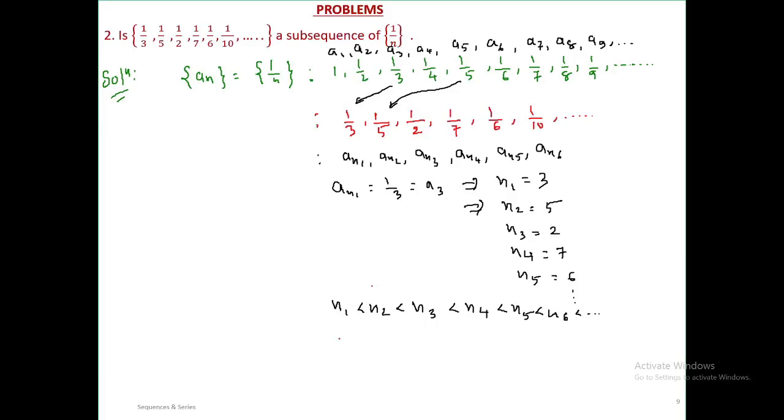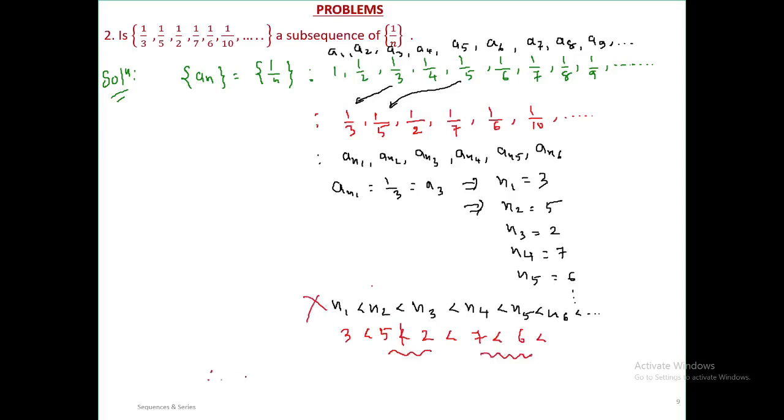Let me write here. n1 is what? 3. 3 less than n2. What is n2? 5. Should be less than n3, which is 2. Should be less than n4, which is 7. Should be less than n5. n5 is 6. Is it true? It is not true, right? Look at here. This is wrong. And here 7 is not less than 6. So it is also not true. Therefore, this condition is not verified.